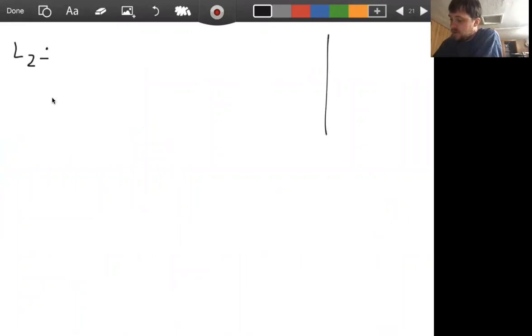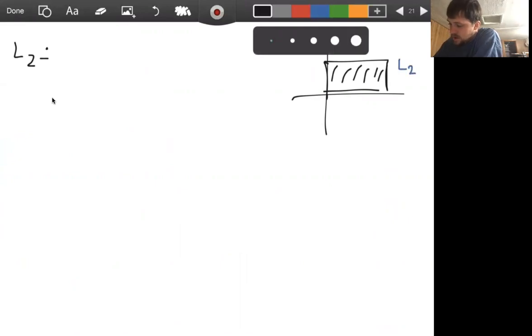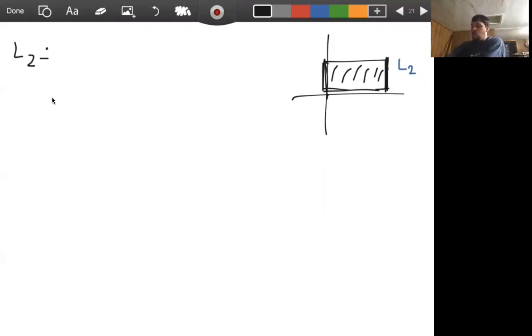L2, let me copy my domain here. L2 was this line on the right here. Now, what do we have for L2? Now y can vary when we parameterize the line segment L2. Notice x is fixed at 4, and y can vary.